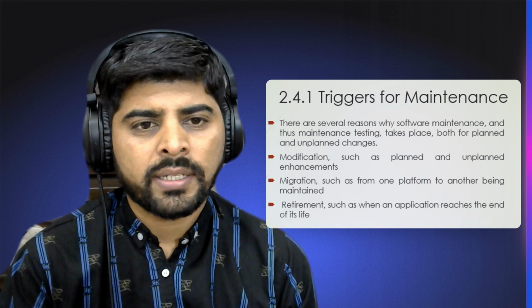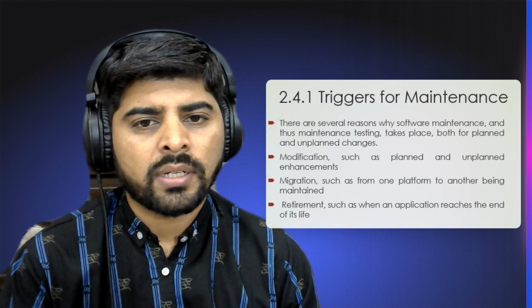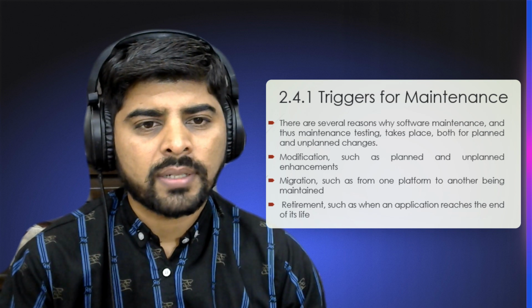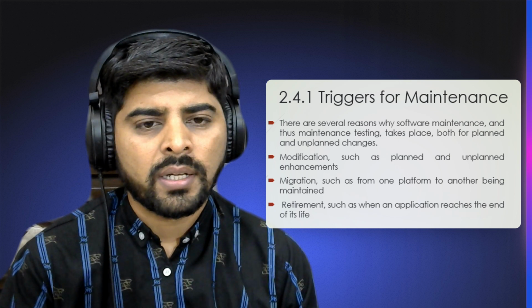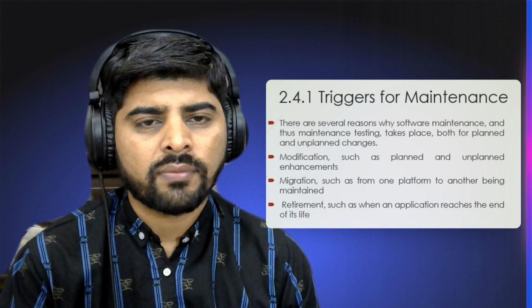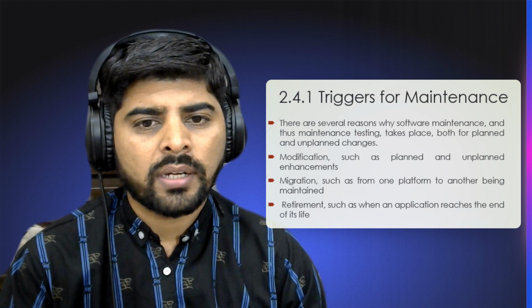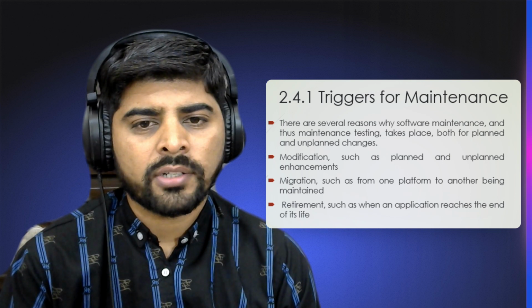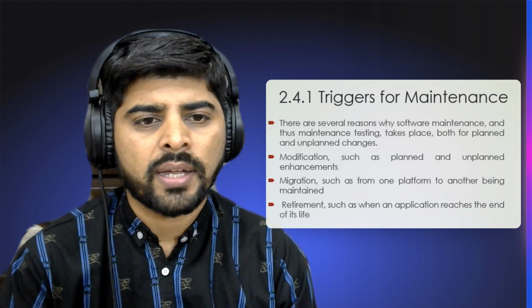There can be a migration plan, for example, we have migrated from one platform to another, suppose we have changed from Windows to Mac OS. There can also be a retirement trigger, because after a long time software retires.